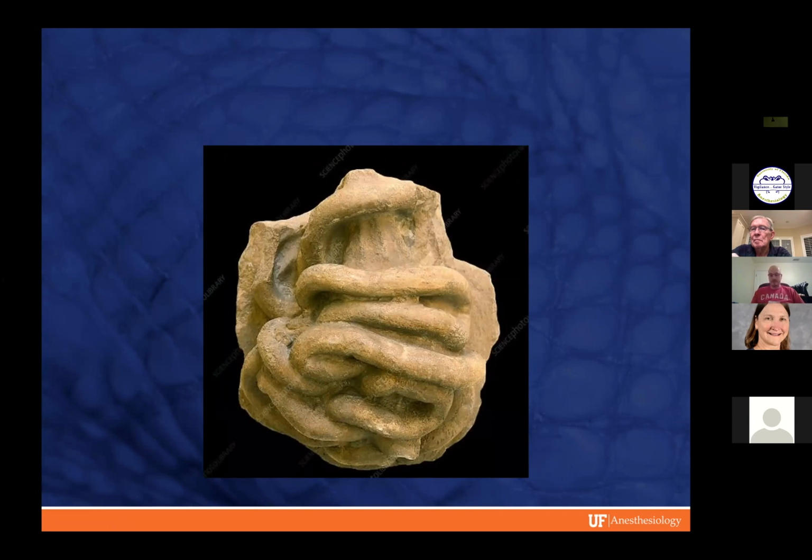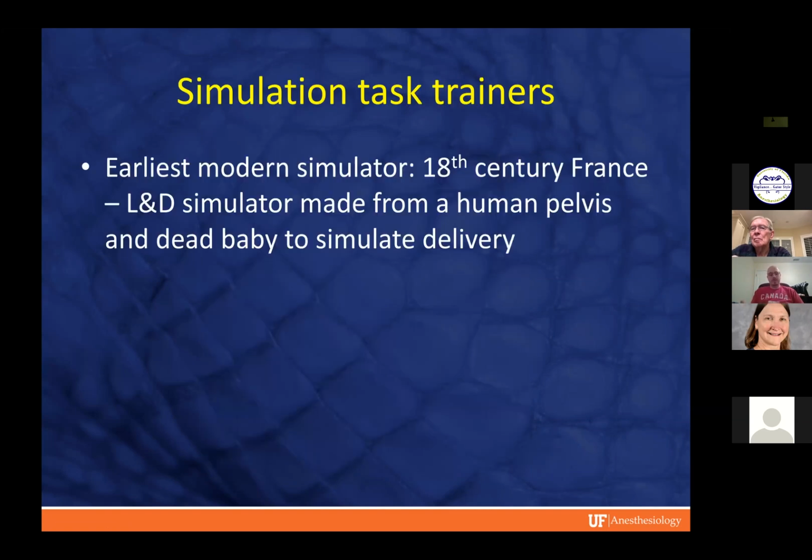This one was found in Central Asia. So this is the sort of thing that humanity has been modeling, probably to try and understand how things are built, or so that early surgeons could have the opportunity to feel what these pieces are likely to feel like when you actually encounter them in the real world.